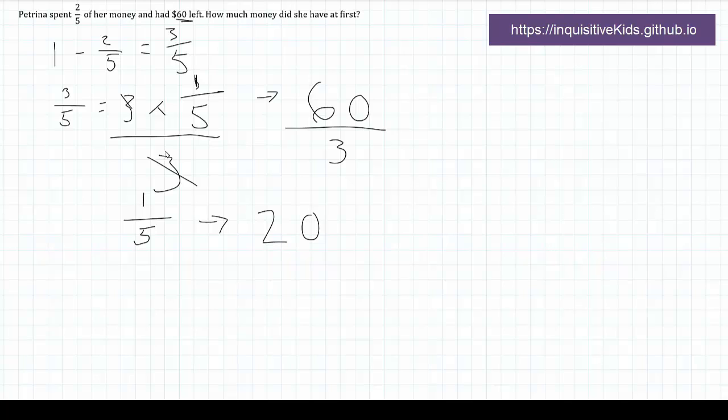Since we know that her money is already split into 5 parts and that one of the parts is equal to $20, why don't we just multiply 20 by 5? 20 times 5 is equal to 100.